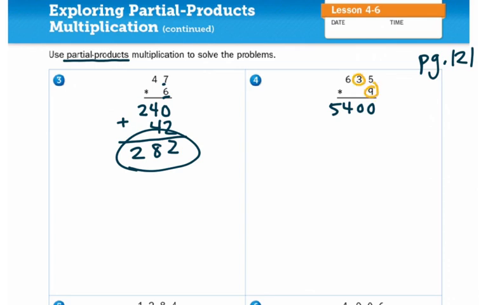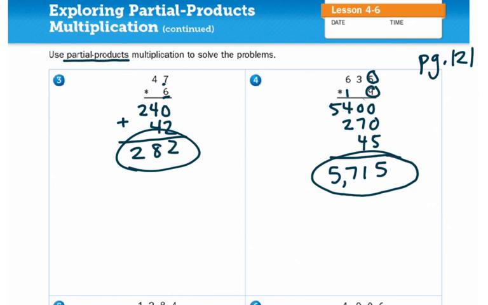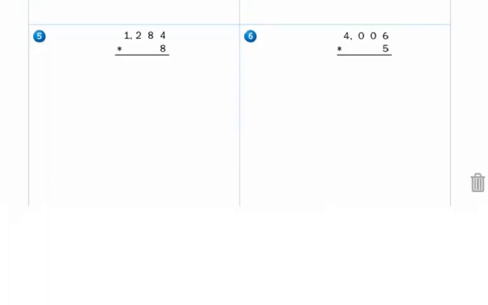Next, I'll take 9 times the value of the 3. 9 times 30 is 270, or 9 times 3 is 27 with 1 zero behind it. And lastly, the last place value, 9 times 5 is 45. I go ahead and add all 3 columns together. The answer is 5,715.